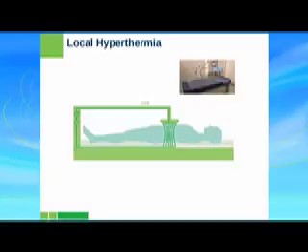So the question is why healthy cells are not dying. And the answer is that healthy cells have a good blood supply system, and they can transport the heat out of the area very quickly.